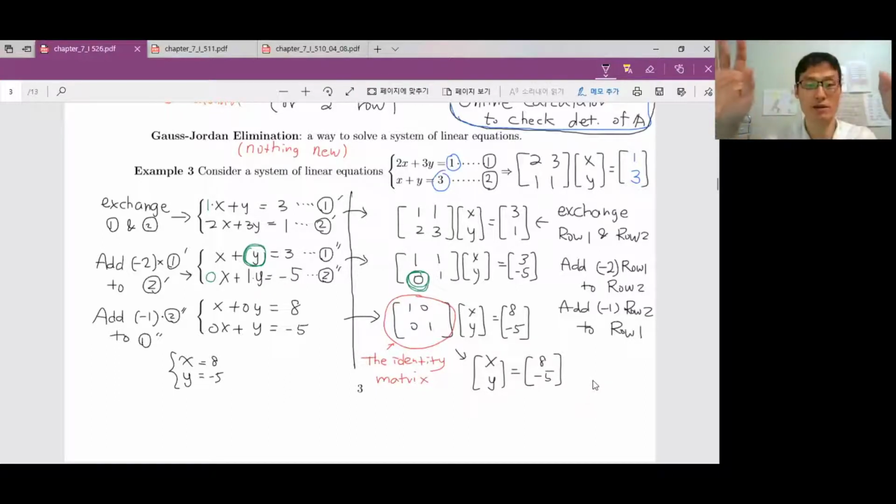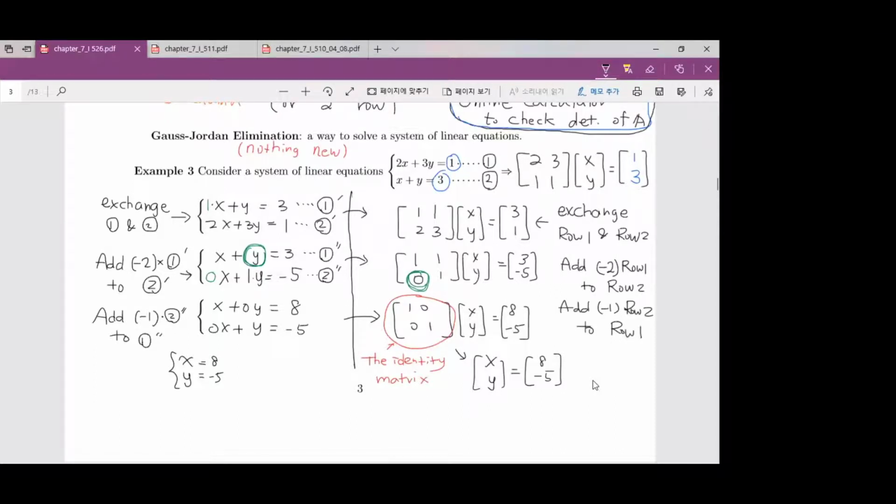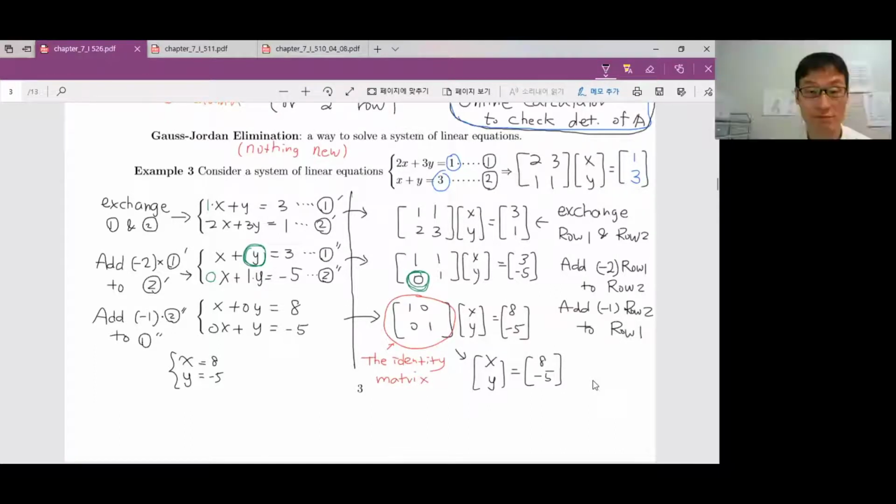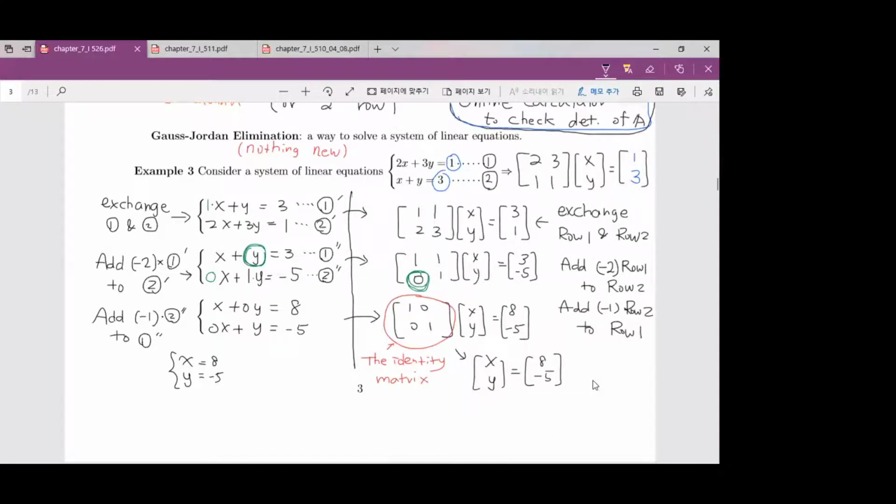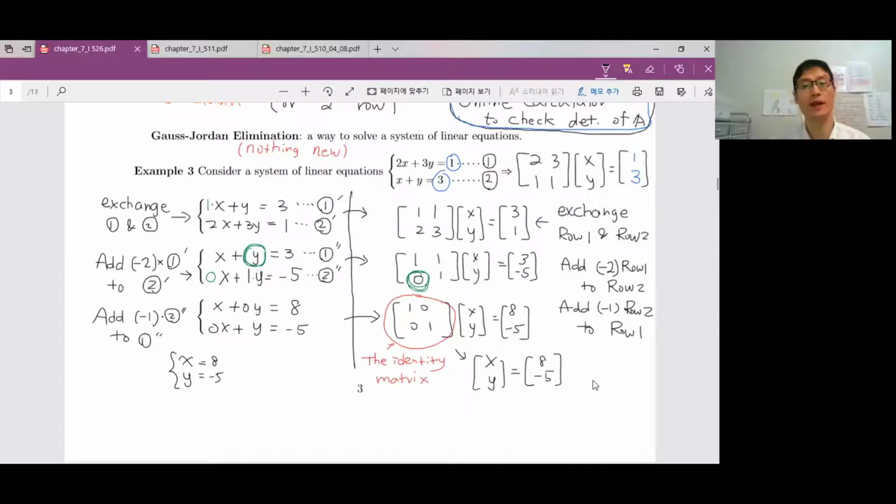So if you compare the two ways of writing, which one looks better? Or which one looks shorter? The one on the right. The matrices, yes. And actually, we can make this even shorter by suppressing x and y.